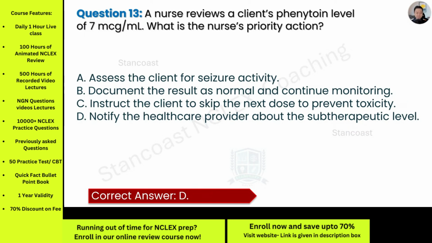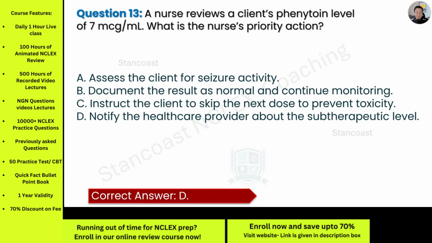For letter B, another incorrect option, this is incorrect because the phenytoin level is 7 micrograms. It is below the therapeutic range, and the patient here is at risk for seizure. So if you are only going to document and monitor, you are leaving your patient at risk for the occurrence of seizures. Now, letter C, instructing the client to skip the next dose to prevent toxicity.